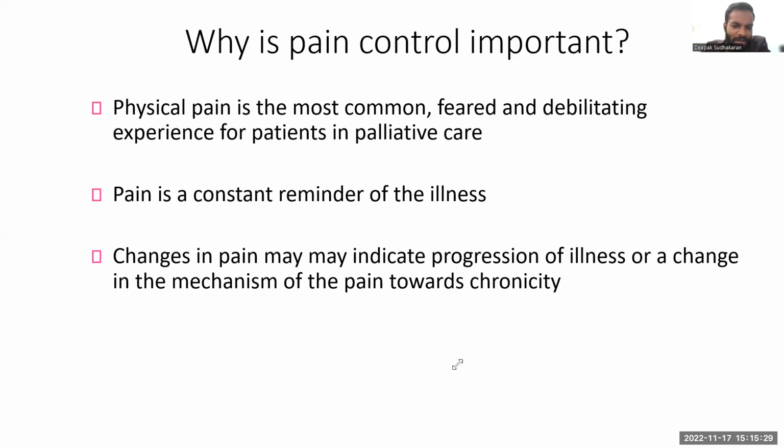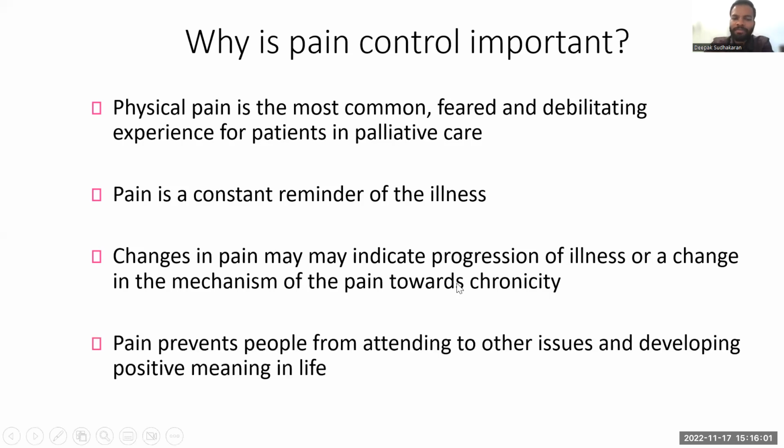Suppose on my right knee I have got osteoarthritis and it is causing me pain and I don't treat it, I don't get any help, it is very much possible that over the next few days or months, my opposite knee also starts paining, or both my lower limbs start paining, even if pathologically there is pain only at my right knee. This is something which is being proved now. So similarly, it is possible that pain becomes chronic.